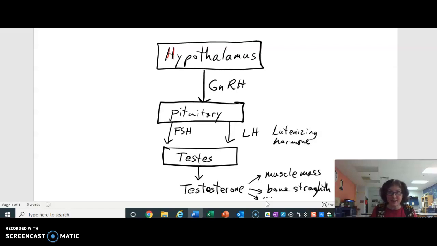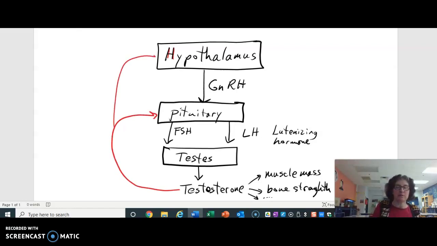And when it reaches a certain threshold, it naturally feeds back to both the pituitary and the hypothalamus and has a negative effect, turning off the gonadotropin releasing hormone, the FSH, and the LH once there is enough testosterone to effect the correct response in the human male body, right?